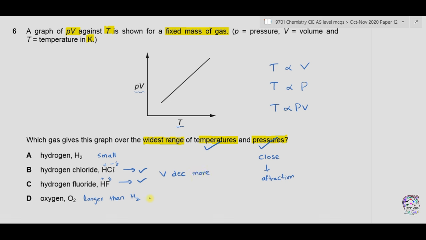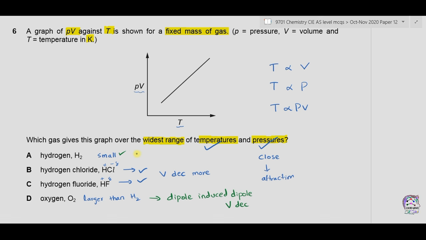With oxygen, only dipole-induced dipole forces will be present, which will result in a decrease in volume. In hydrogen, the smaller size means the force of attraction will be minimum compared to other gases.